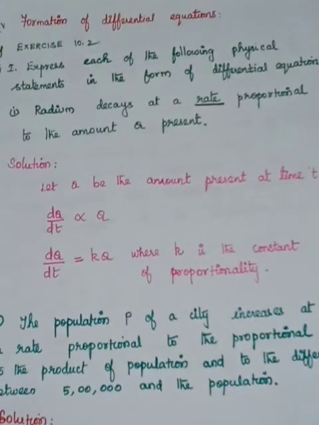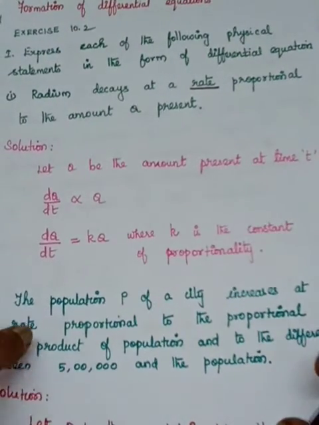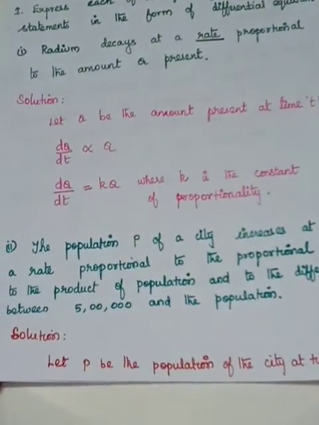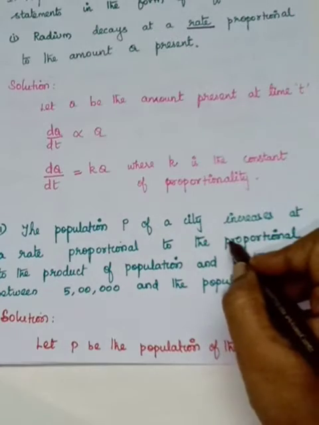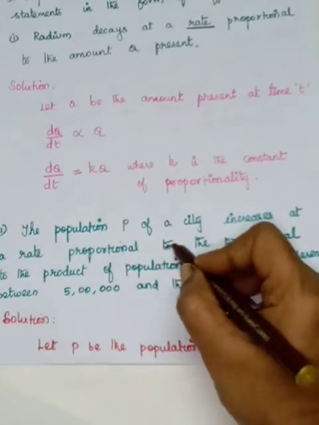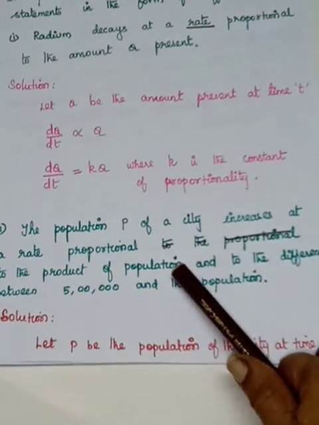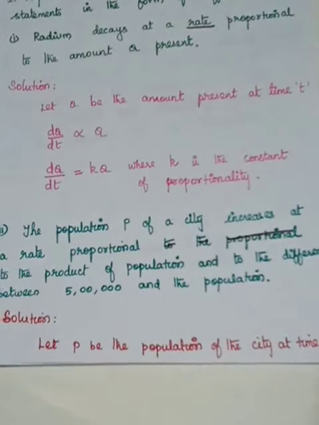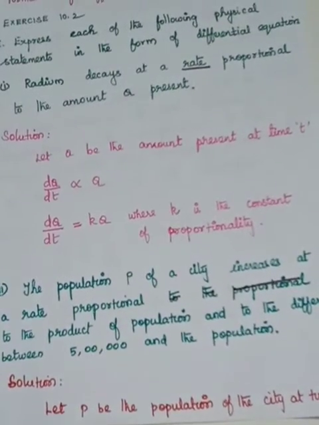And the next one, you see the second subdivision. The population P of a city increases at a rate proportional to the product of population and to the difference between 5 lakhs and the population.